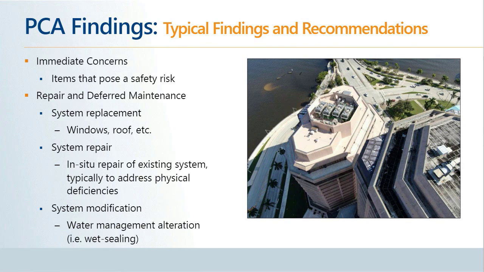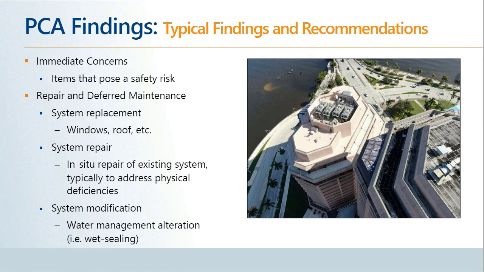In some cases, existing systems are modified to improve performance and or to extend their useful service term in an economically friendly way. This type of modification is similar to in situ repair, but also changes the way a system performs.